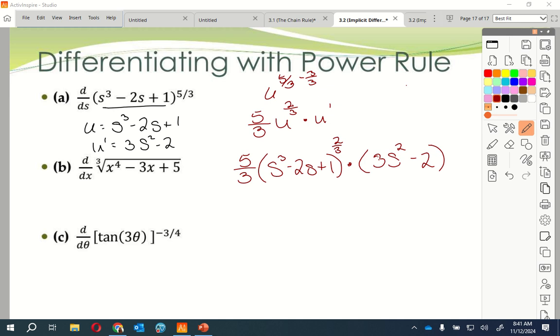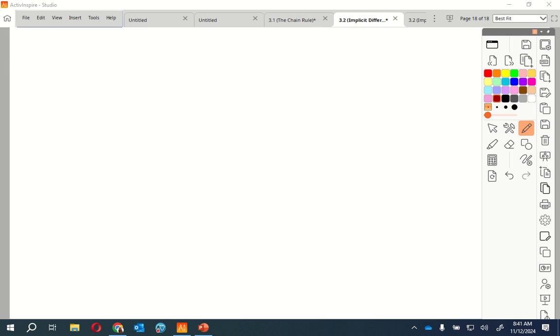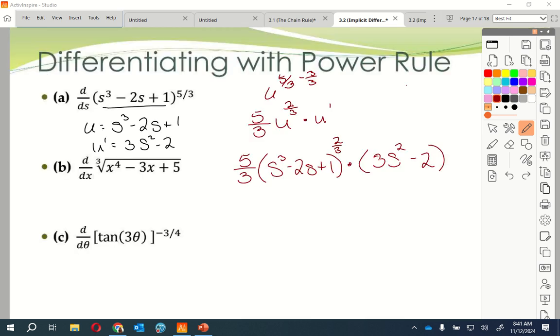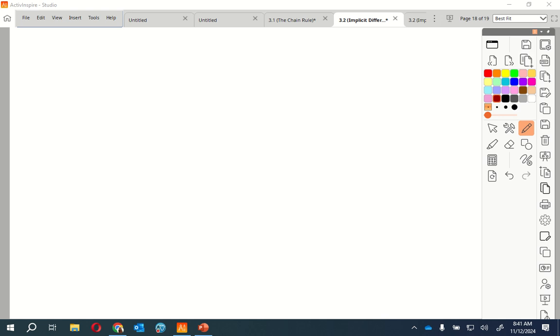Alrighty, so let's do the next one. Need a little bit more room for this one. So x to the 4 minus 3x plus 5. Is this third root? Yes?